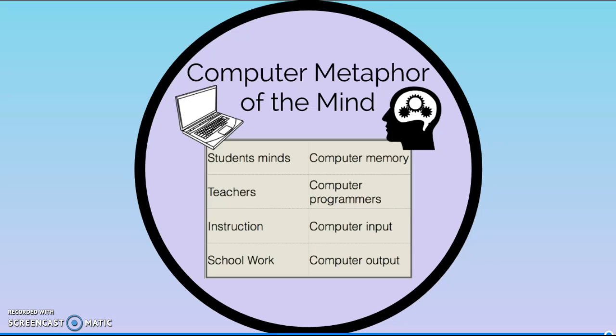Similar to that, a teacher possesses a lot of knowledge and can program the computer or student mind so that they can remember it. The instruction that the teacher gives the student would correlate to the computer's intake of information, and the schoolwork would compare to the computer's output, so the display of knowledge that the computer or student possess can be showcased.